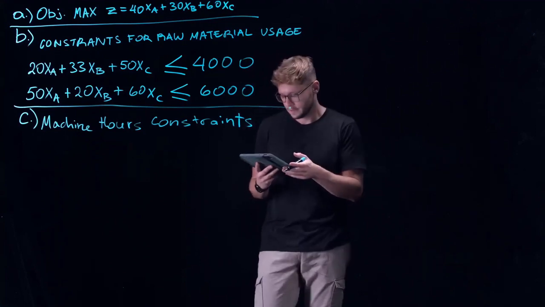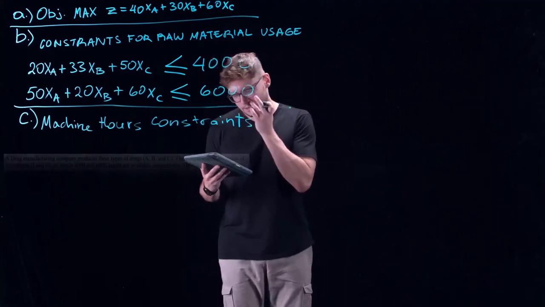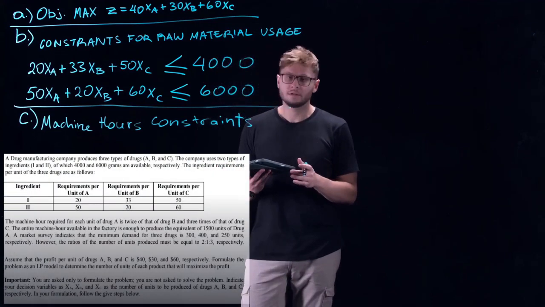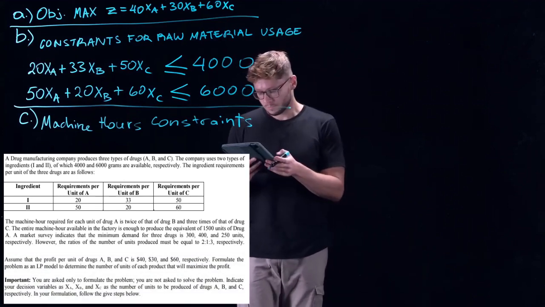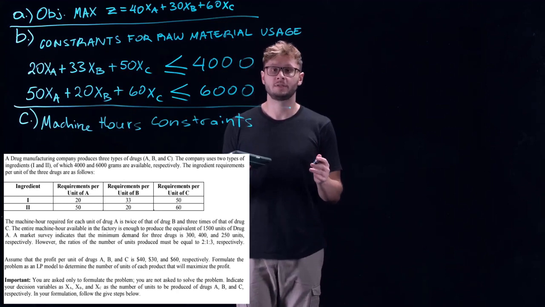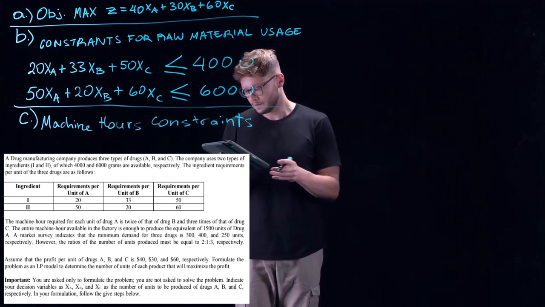It's not that hard. What we are given is that if using the entire workday to only produce drug A, we can make 1,500 units of only drug A, right?